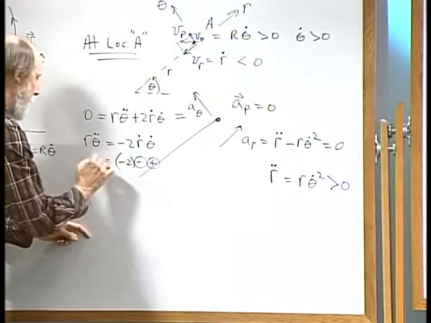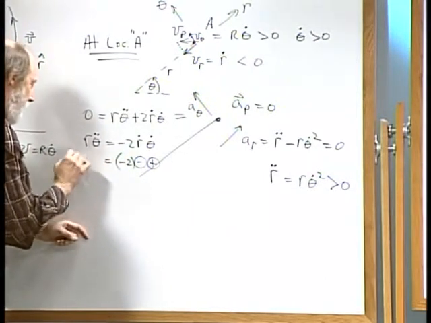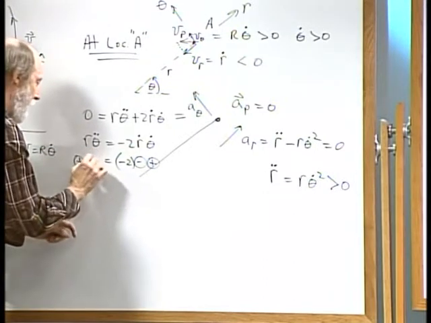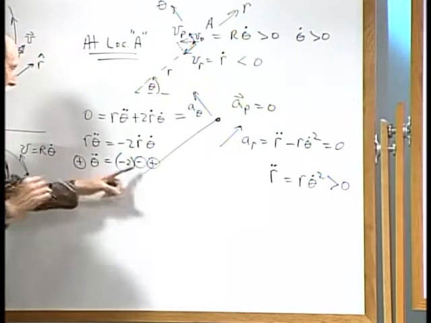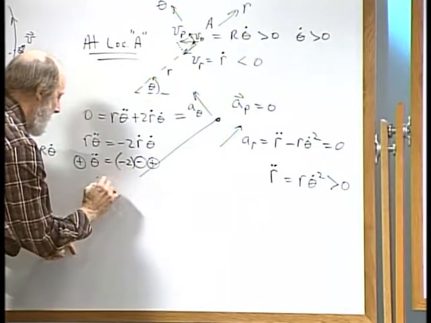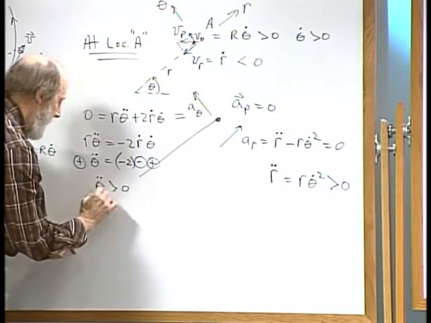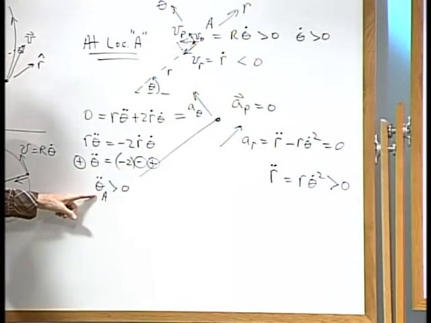And over on this side, the r was clearly positive valued. And therefore, here's your theta double dot. So your theta double dot is greater than 0 at A. See, you don't have to rely on your gut feel for these things.